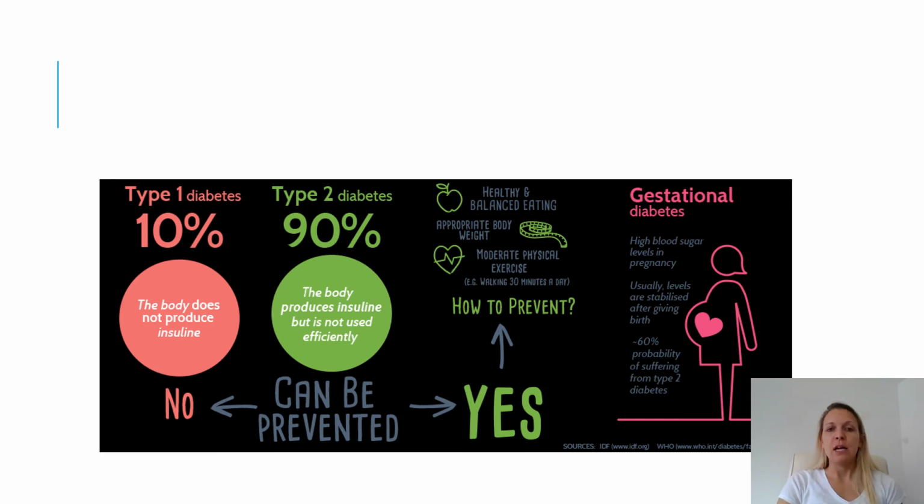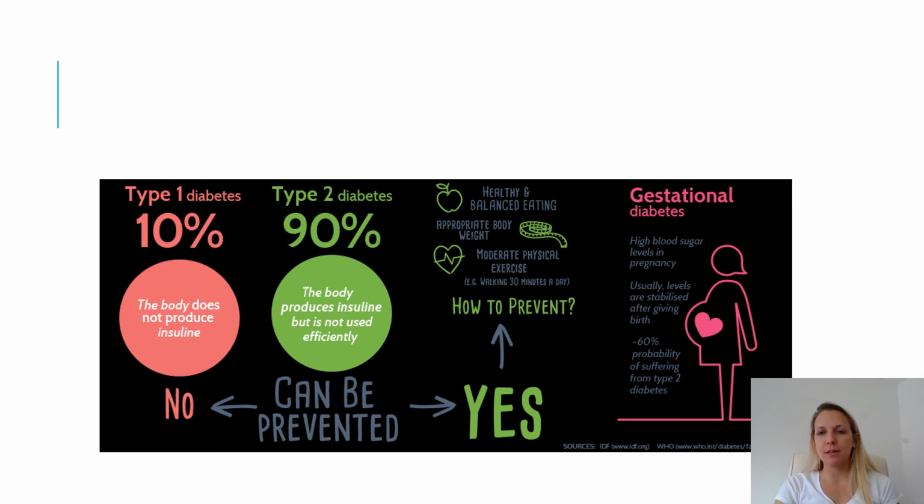Type 1 diabetes cannot be prevented. It's genetic. You're born with it. Type 2 can be prevented, and that is through keeping a good BMI, some exercise, and a healthy diet.